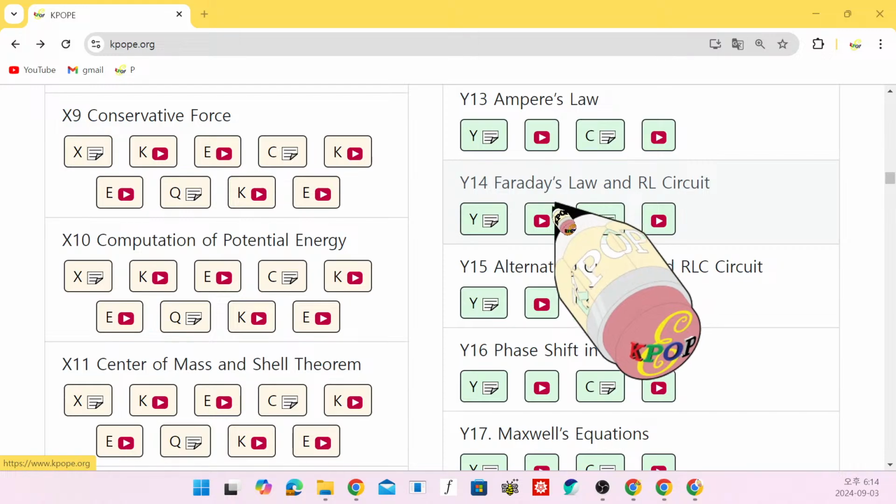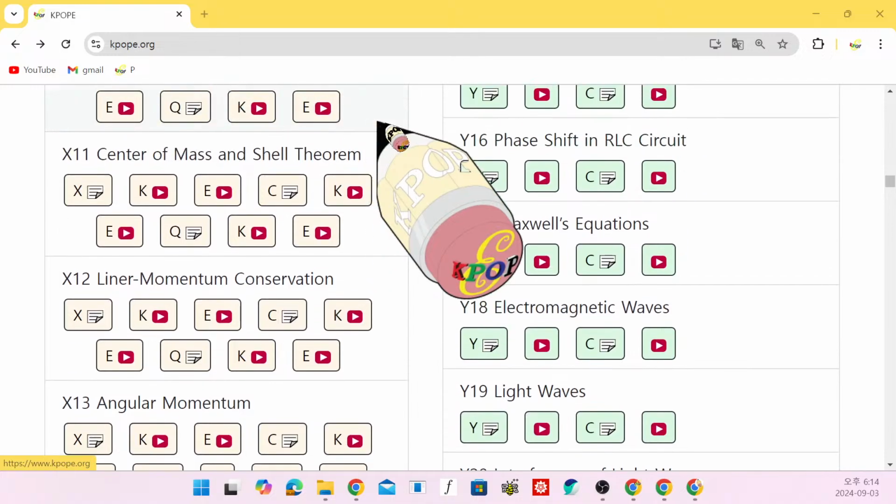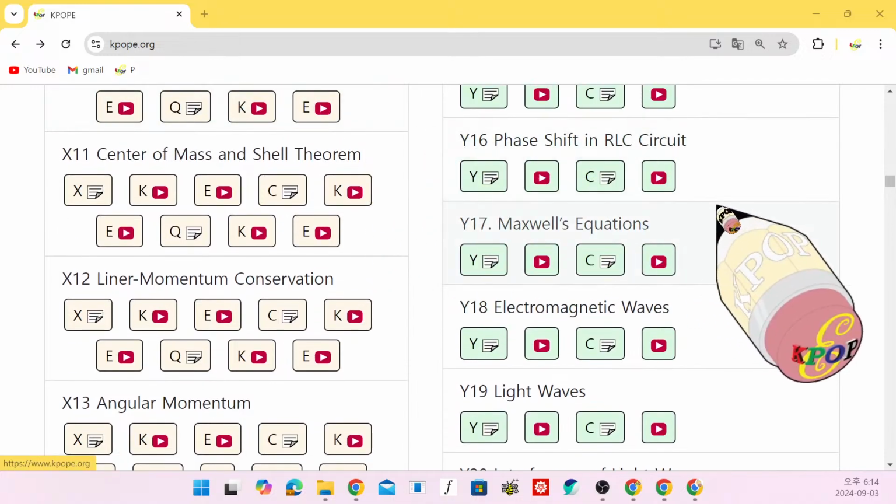Even if you learn physics in high school, the concept of center of mass you learn not in high school but in elementary school. It is ridiculous, but anyway, we study the center of mass of a system of particles.